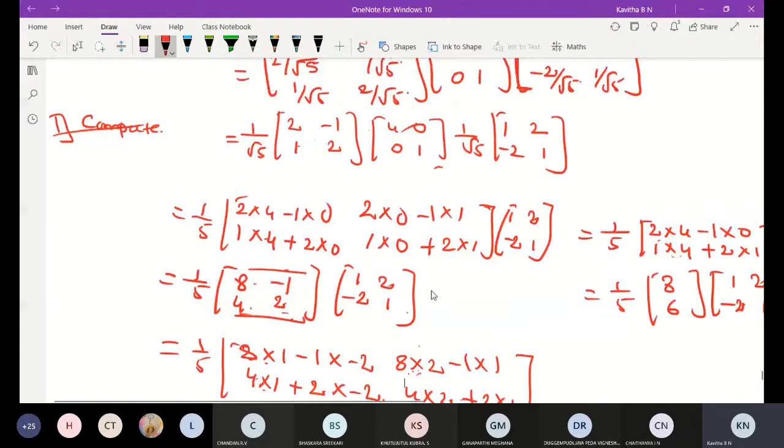Two into 4 and minus 1 into 0, then 2 into 0 minus 1 into 1. Okay, 1 into 4 plus 2 into 0, plus 1 into 0, then 2 into 1. Okay, next is 1 2, minus 2 1.